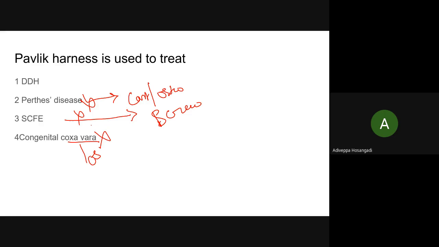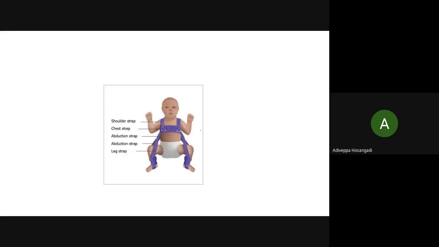So what is remaining? DDH, developmental dysplasia of the hip. So I will show you one diagram. These are harnesses. See, if you do bungee jumping or skydiving, they apply a belt all around you, a safety belt, isn't it? They are called harnesses.